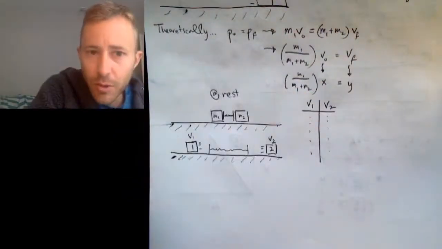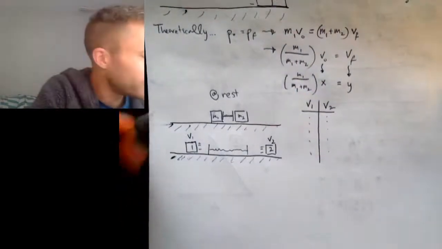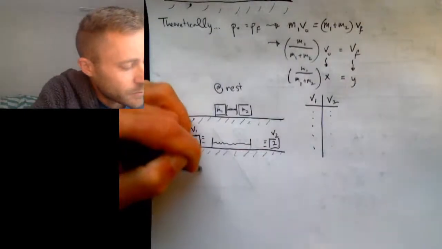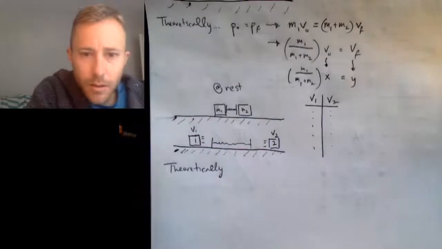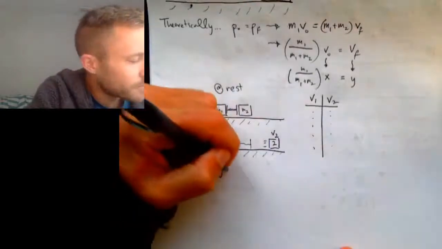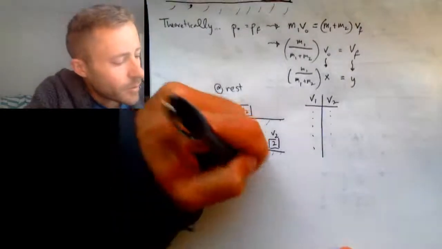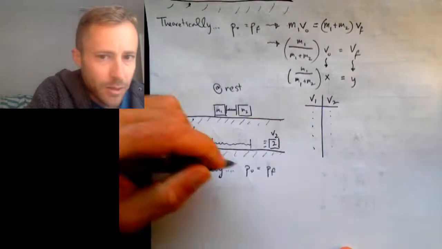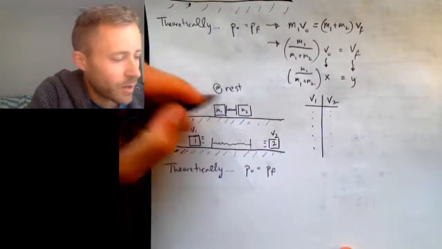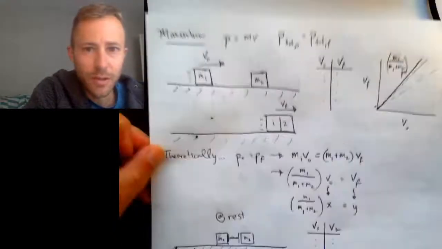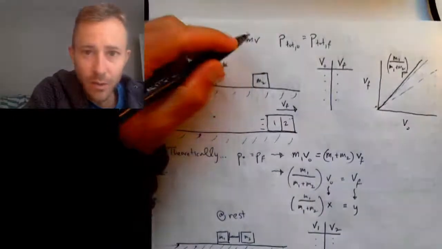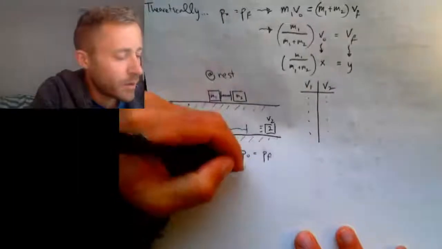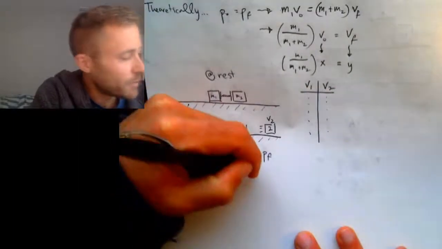So what is the theoretical relationship between these variables? Theoretically speaking, initial momentum is final momentum. The initial momentum, because they start out at rest, and momentum is mass times velocity: if you're at rest, the velocity is 0, and so your momentum is 0. Initial momentum is 0.